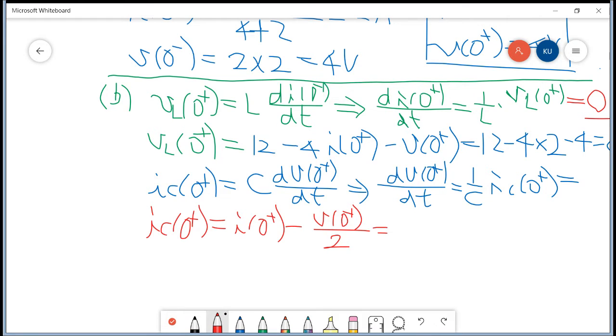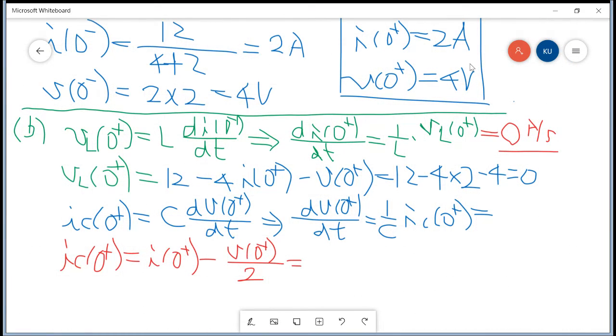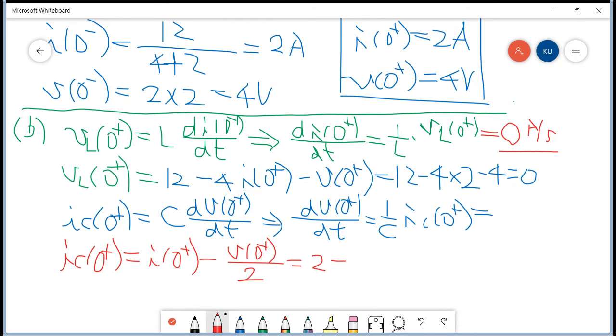So in this case, we know that I0 plus is 2A minus 4 over 2, which is 0.